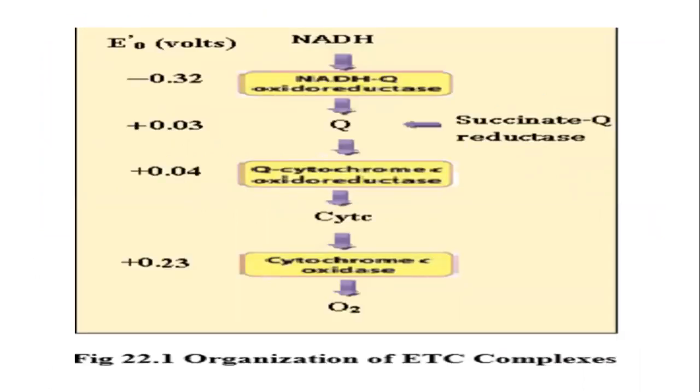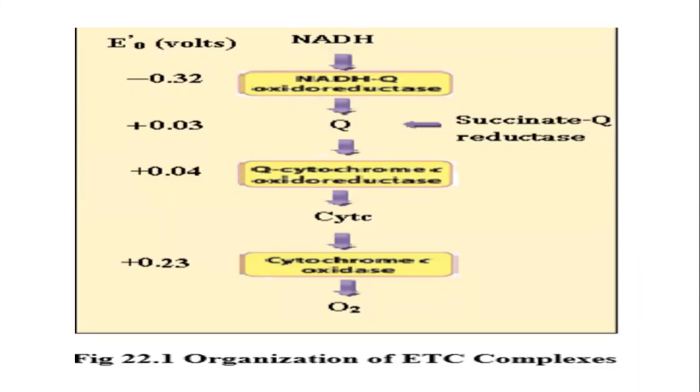Here you can see organization of ETC complexes. Electron transport chain consists of large protein complexes embedded in the inner mitochondrial membrane as shown in this diagram. NADH dehydrogenase complex is first complex, that is also known as complex 1.